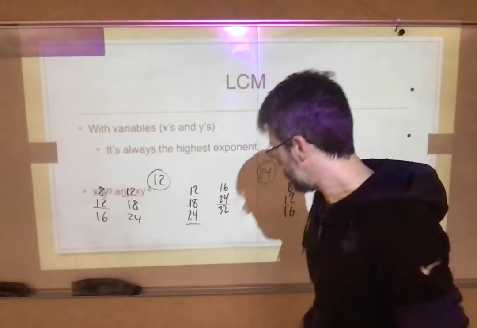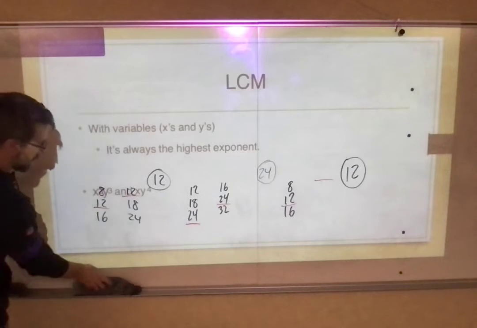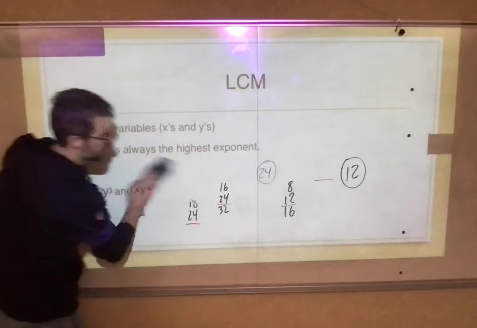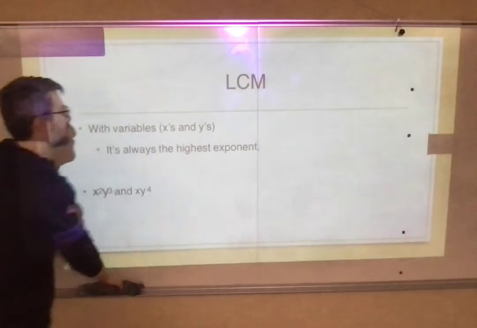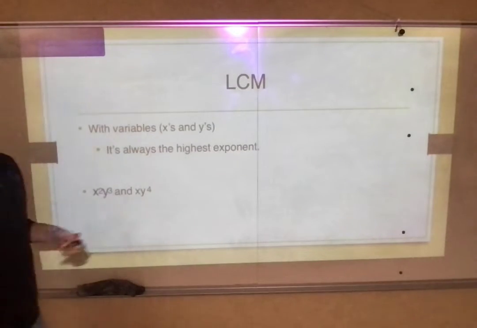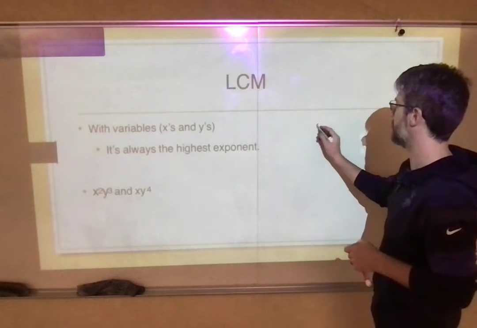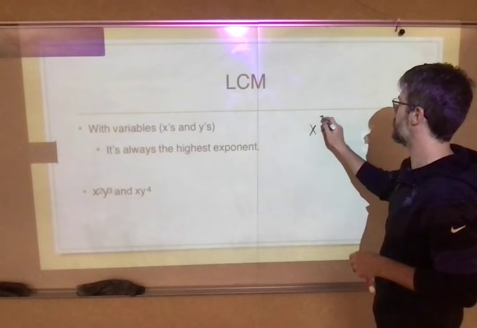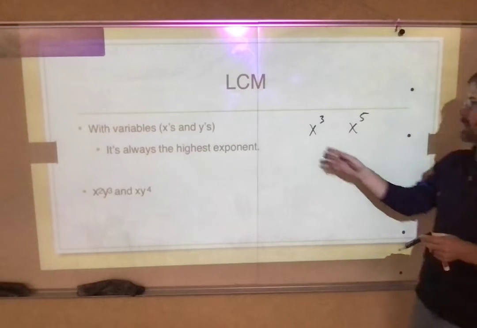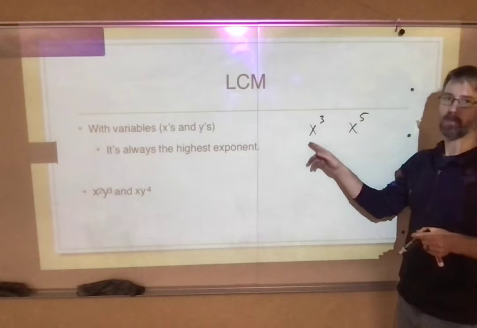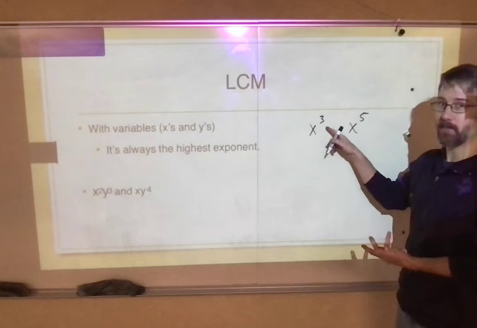Okay, when it comes to variables, x's and y's, z's, letters to exponents, the least common multiple is always the highest exponent. Just to make a quick extra example here, let's say I was talking about x cubed and x to the 5th. When we're counting these, we're not counting them like x cubed, 2x cubed, 3x cubed. We're actually just adding powers of x.